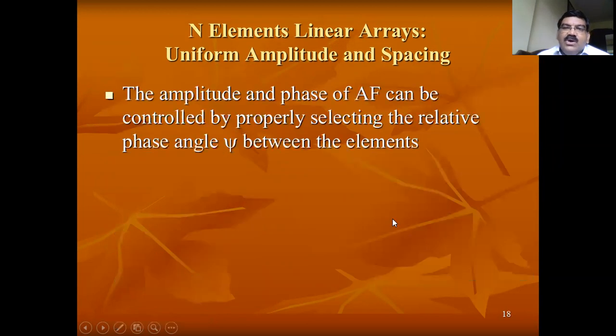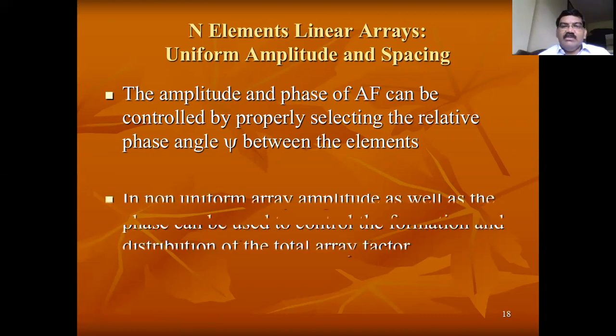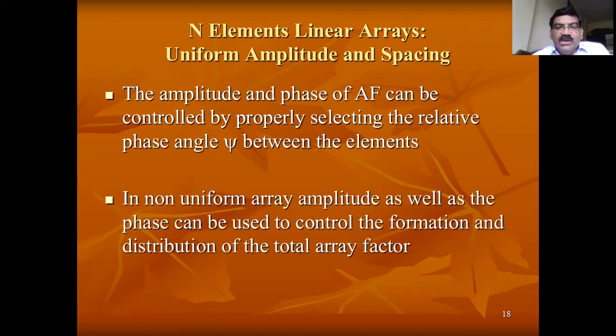Now the amplitude and phase of the array factor can be controlled by properly selecting the relative phase angle psi between the elements. As I gave the example of 30 degrees, it can be increased or decreased according to the requirement or the application.